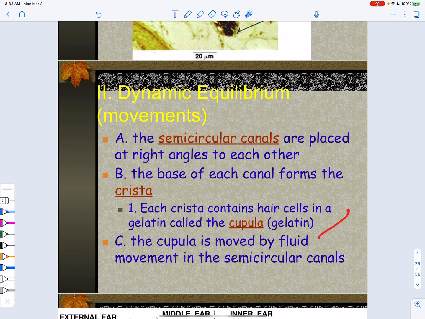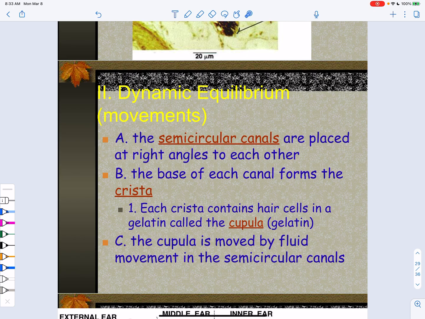Each crista contains hair-like structures called the cupula. And here we have the gelatinous material again, the gelatin. It's going to be like a mucousy, sort of not solid, but not liquid. And when we say solid, solid means that it has its own shape.